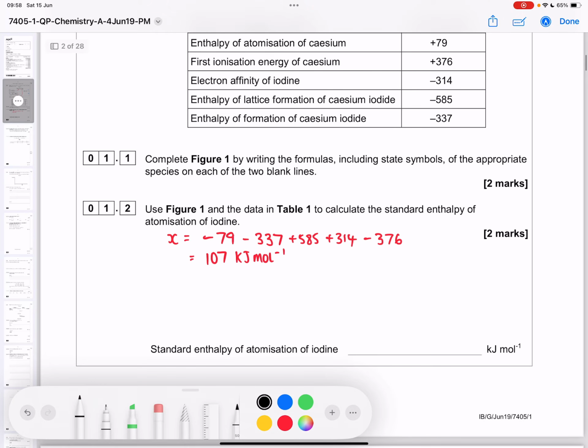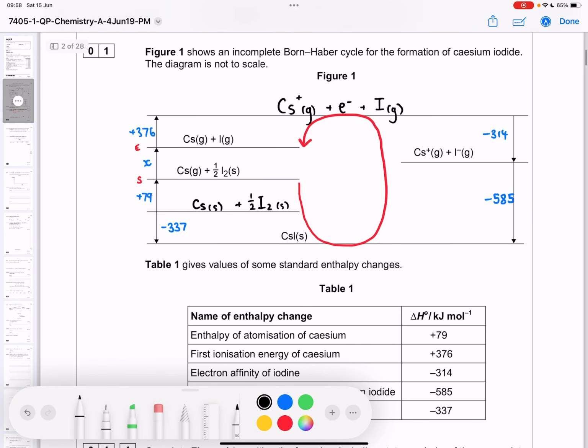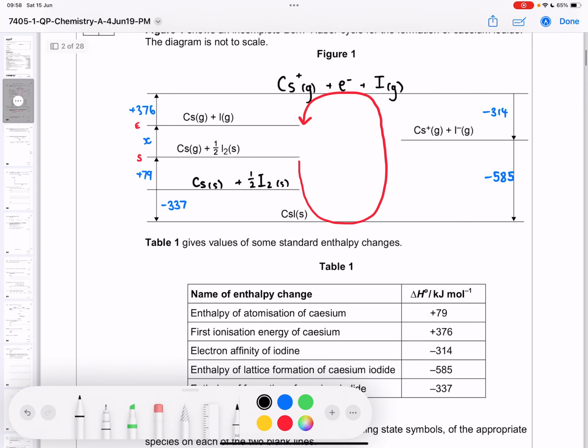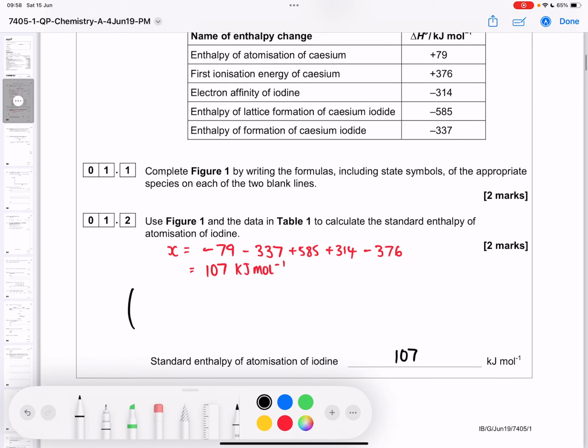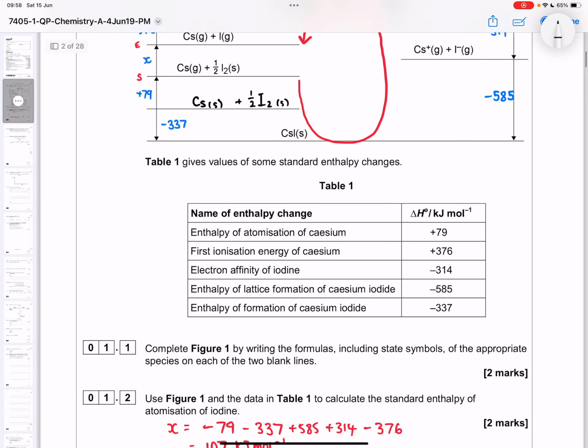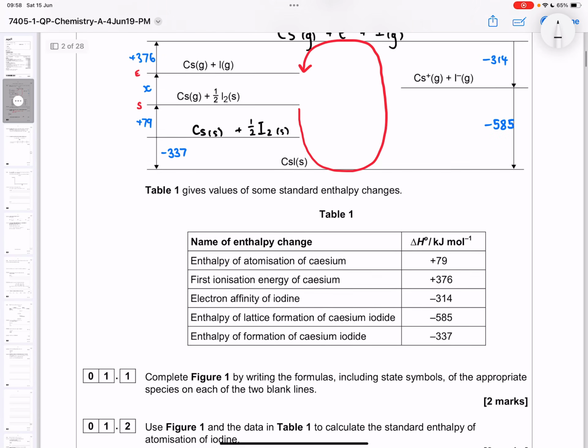Now you may have learnt a different method. You may have learnt the method that says formation is the sum of all the other arrows, assuming that the last one is lattice formation. If you've done that method, then our formation, minus 337, is equal to all our other arrows added up together.